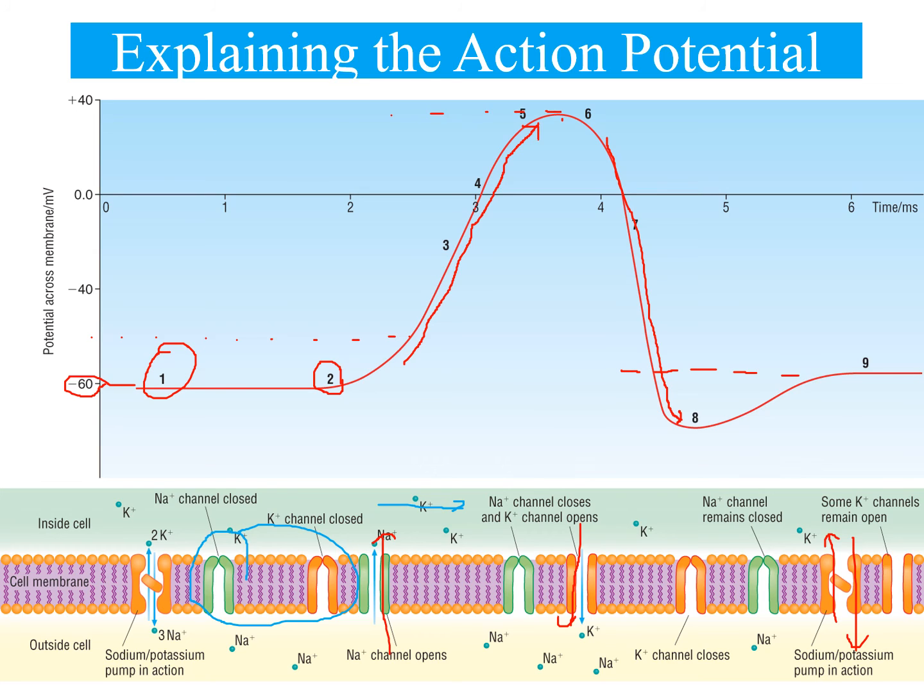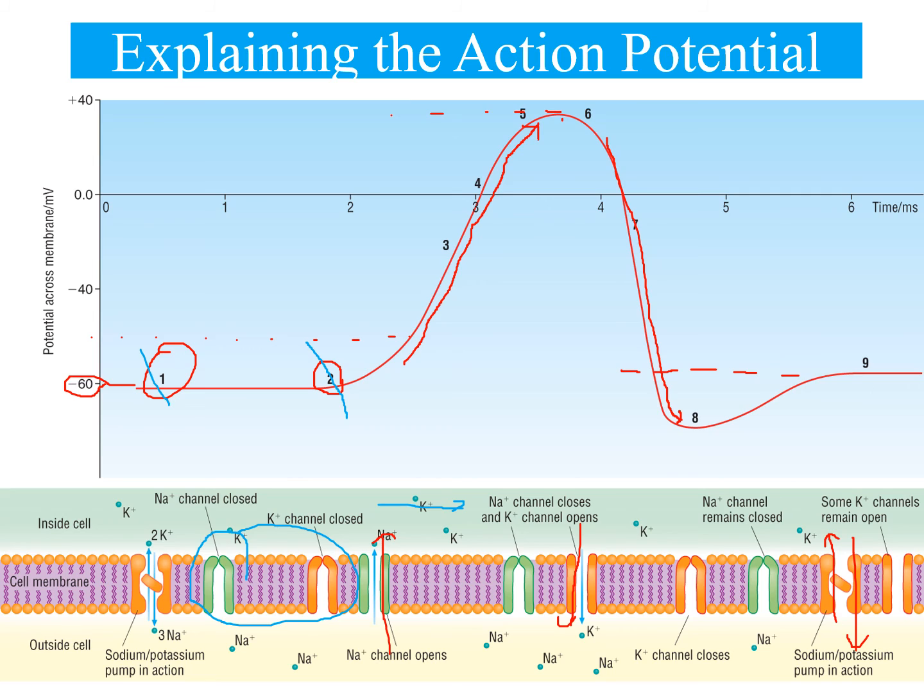So let's just go through the numbers quickly. Number 1 is the resting potential, minus 60 millivolts, sodium and potassium channels are closed. Number 2, the deformation at the preceding corpuscle happens, that causes the sodium channels to open, sodium rushes in.